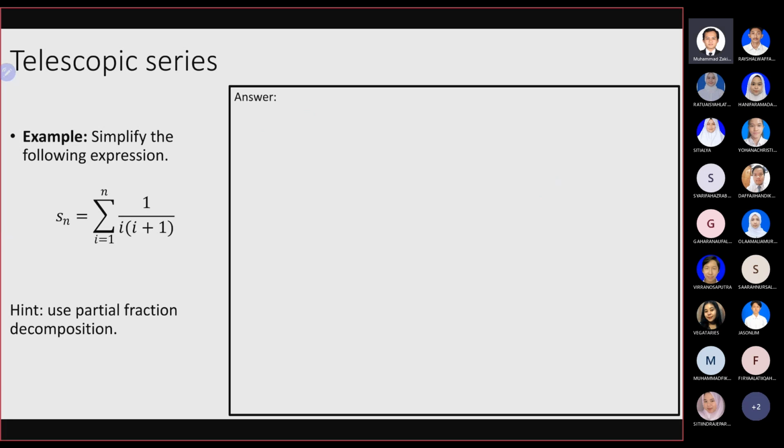For this example, we try to simplify the expression and then try to find the convergence. Yeah.